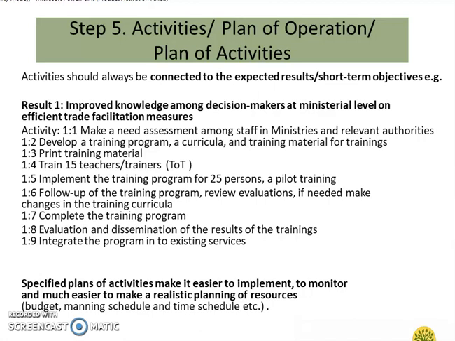For instance, improved knowledge among decision makers at ministerial level on efficient trade facilitation measures could be a result, and correspondingly, to achieve this result, there are many activities set out. Make a needs assessment among staff in ministries and relevant authorities, then develop a training program, curricula and training material for trainers, print training material, and so forth.